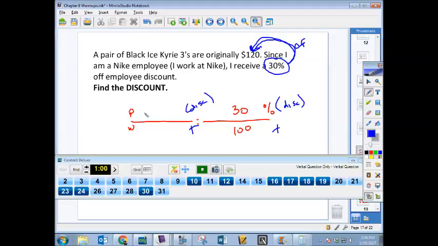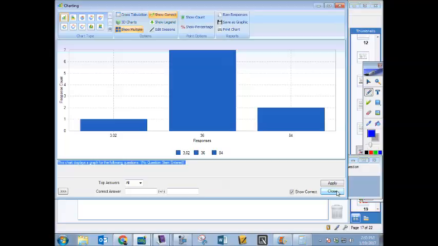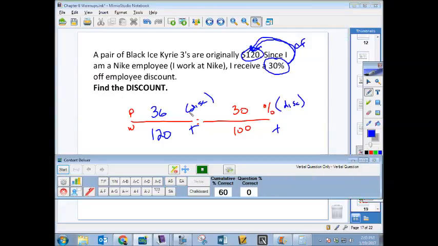For those of you that put 120 here, you're going to get a bigger number, and that would be if you were saving $120. Then you'd be finding the new price. But we're not. This was the original price. We always put that in the whole. We're going to cross multiply and divide. We're going to get 36. Now, not everybody was in, but I see that somebody put 84 something. Okay. You got to remember, guys.